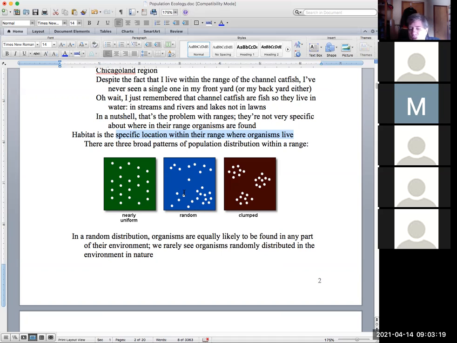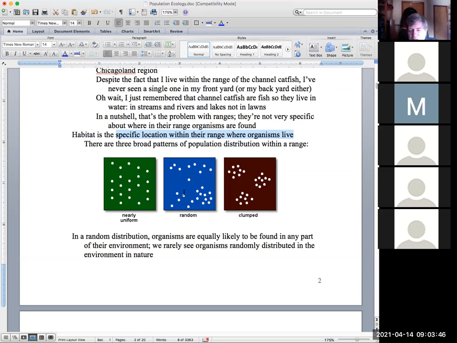But random distributions can be useful because if we're trying to do a statistical test and we're trying to see where they're really found in the environment, a random distribution can be a good null hypothesis. Remember when we were working our chi-squared problems a few days ago, we looked at one with frogs being found in several different parts of the environment.